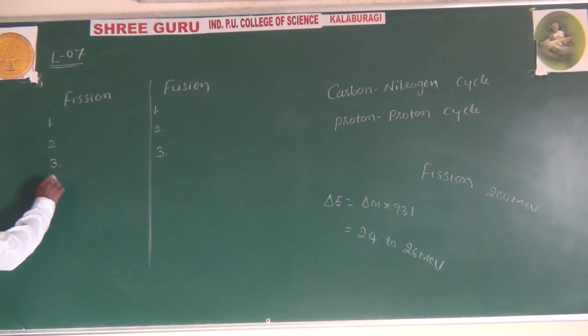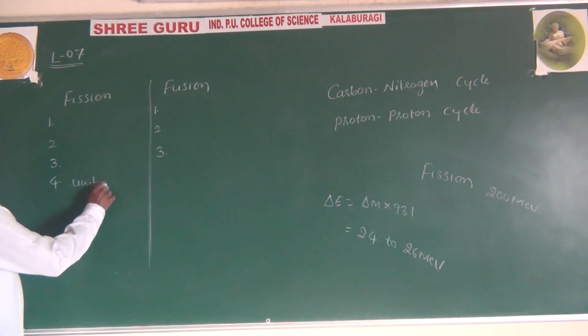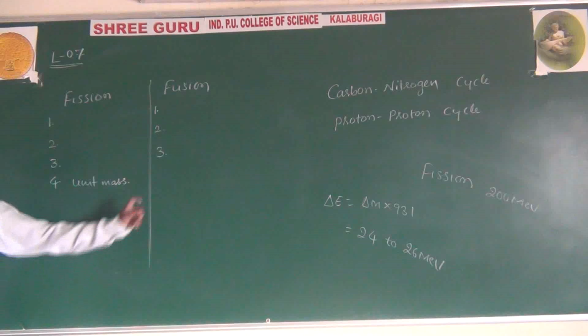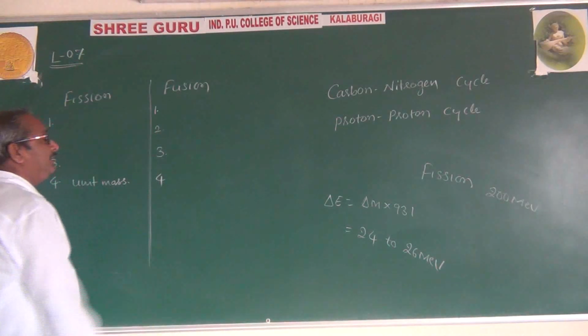Here is the next difference. The energy released per unit mass in fission will be less than that of the energy released per unit mass in fusion.